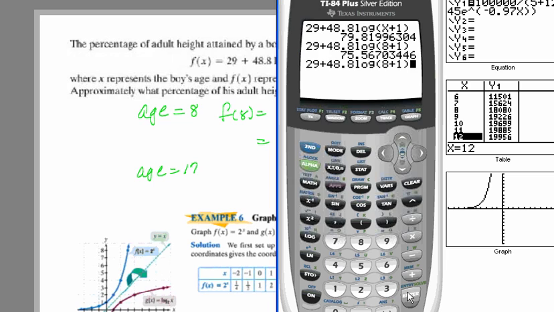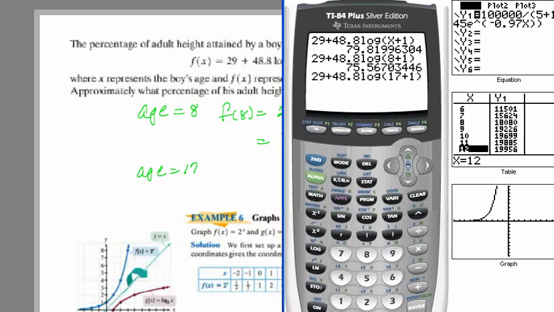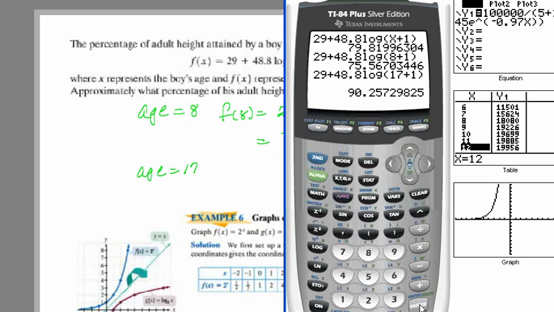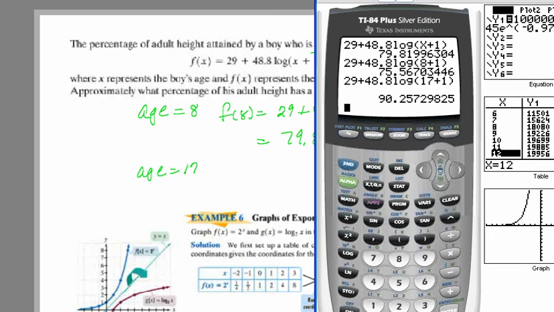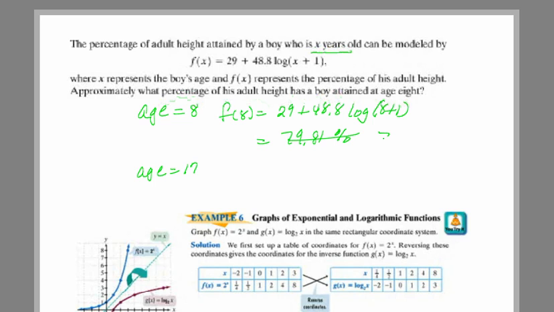Now let me do it for a value of 17. Let's say the kid is 17. 48.8 log of 17 plus 1. 90%. Okay, let's get that down. This one is 75 and this one is 90.